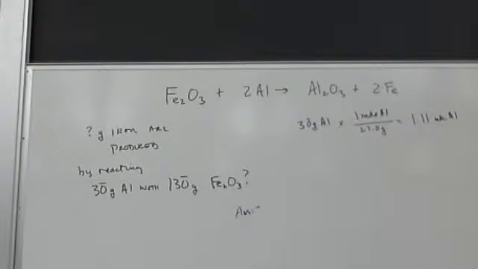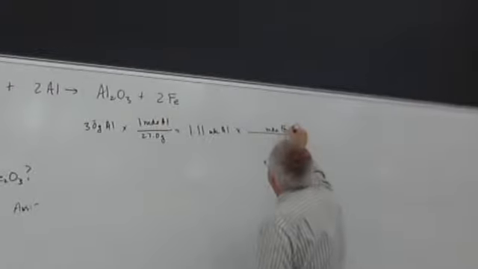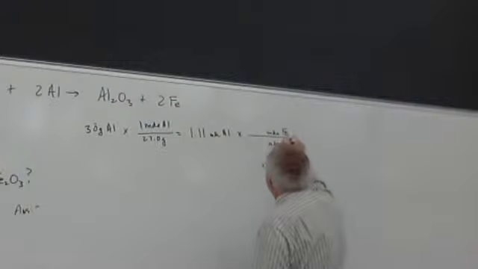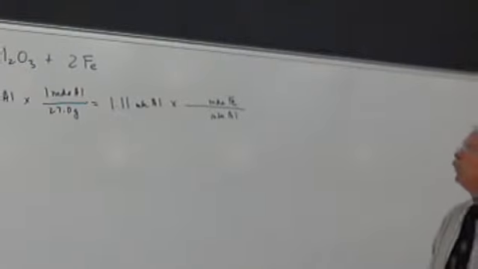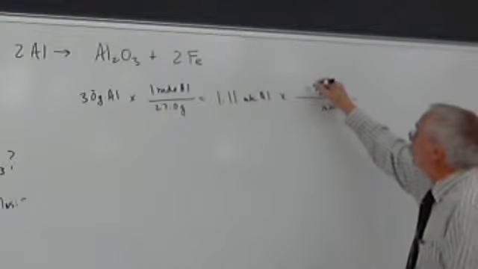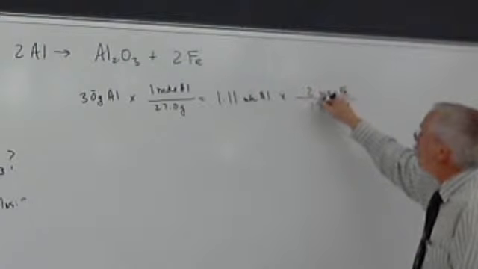I'm just going to continue with this and calculate how much iron this could produce. So I set up a mole ratio. I'm looking for iron, I know aluminum. What's the ratio between those two, and where does that ratio come from? It's from the balanced chemical equation: 2 moles of iron to 2 moles of aluminum.